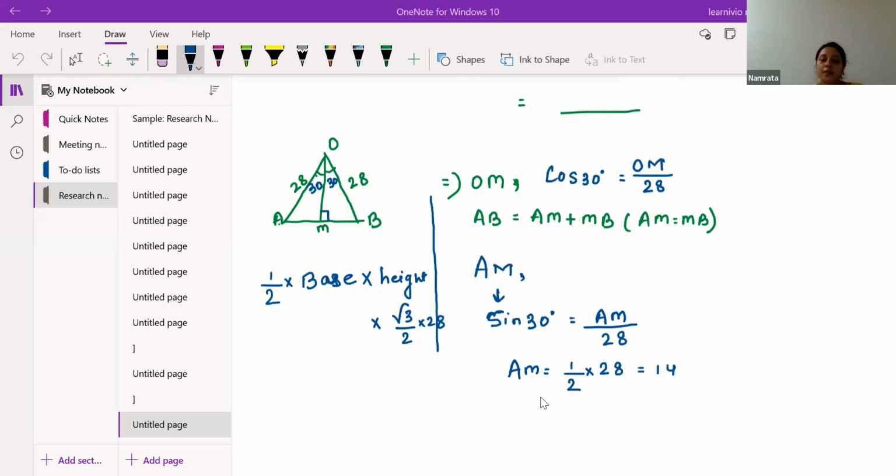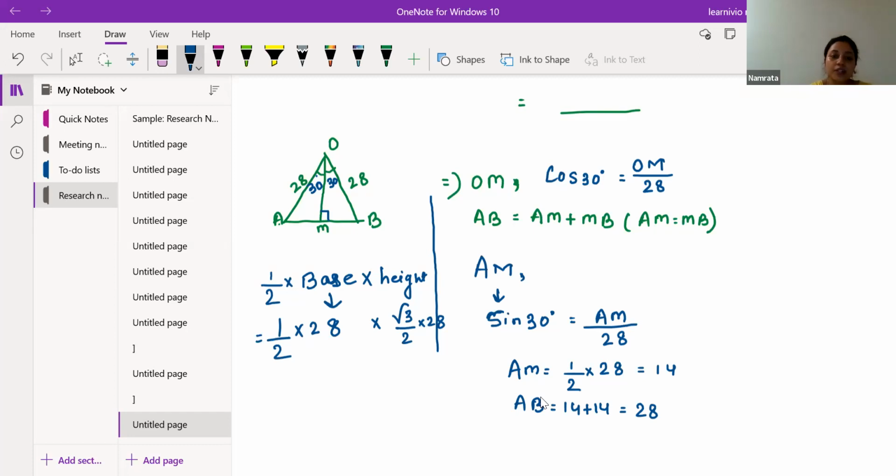So here we got AB as 14 plus 14, that means 28. Now we can use base as 28, 1 by 2. This is how we will get the area of the triangle. Now to get the area of the segment, we have to do area of the sector minus area of the triangle.